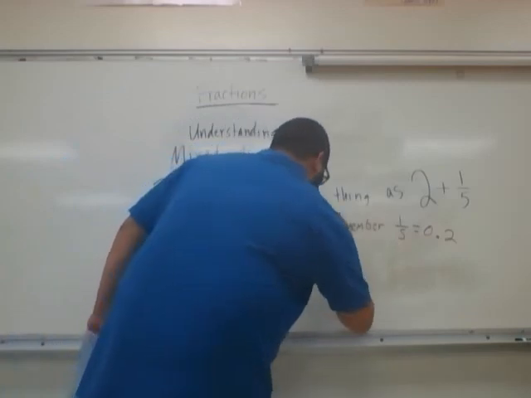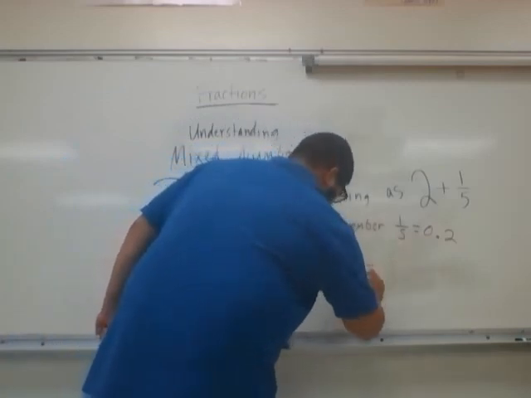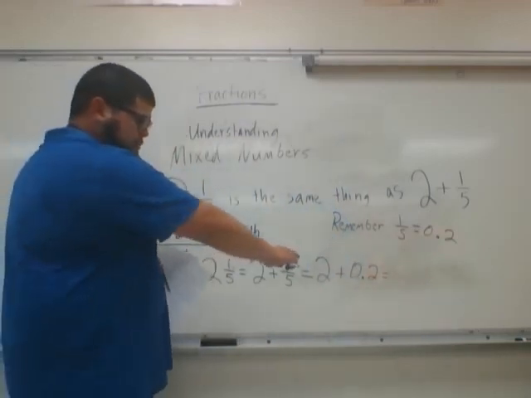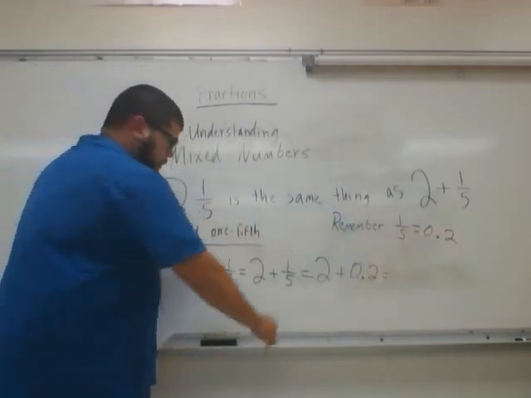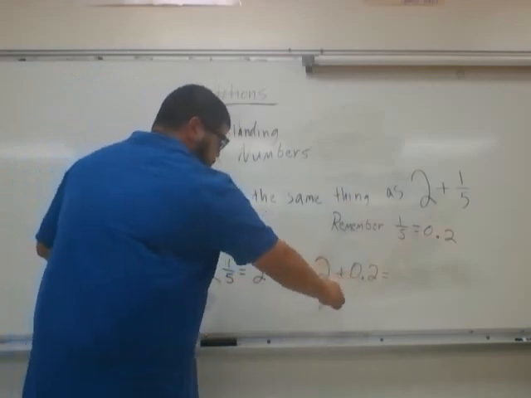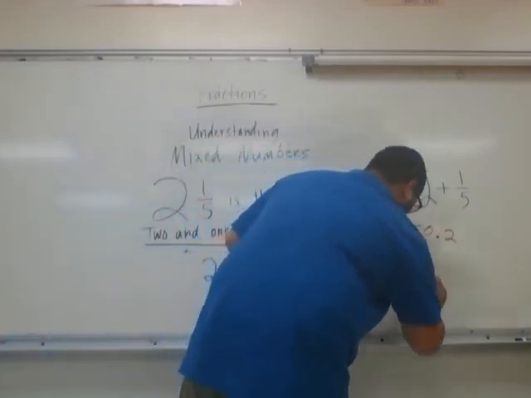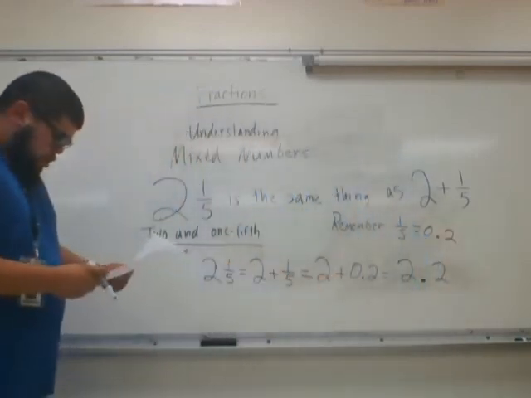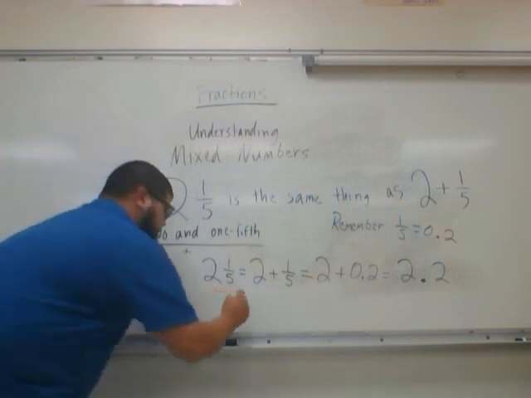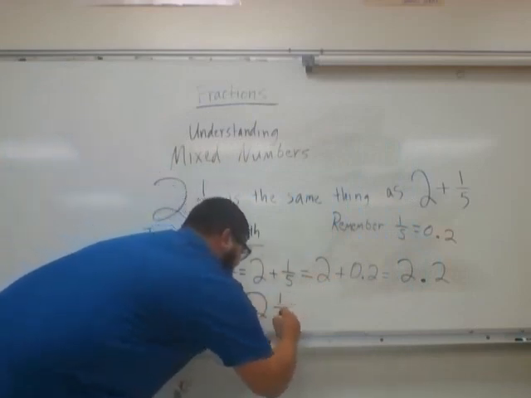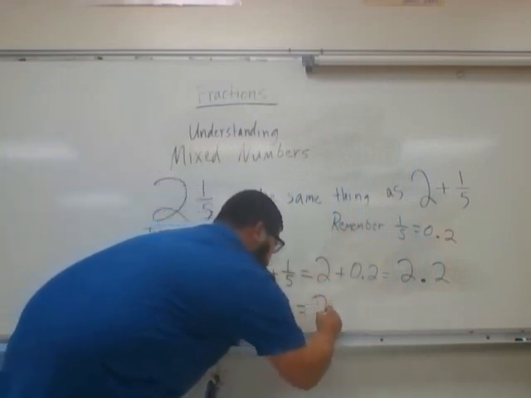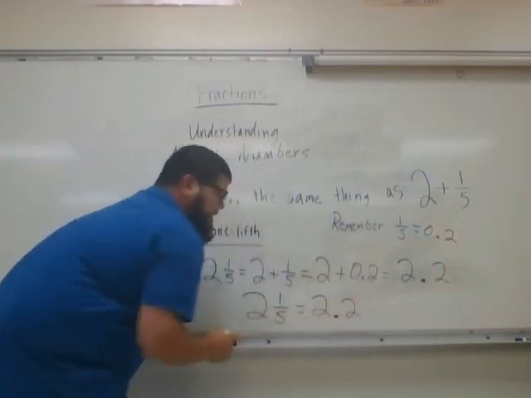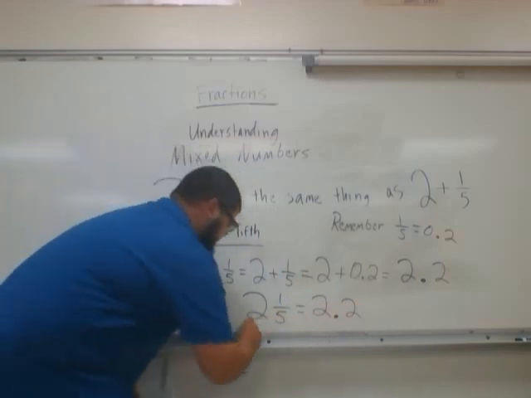So this is actually 2 plus 0.2, right? And if you've ever had decimals like we had before, we know this is 2.0, this is 0.2, so we'll end up getting 2.2. Okay, 2.2. So again, that tells us that 2 1/5 is the same thing as 2.2, or 2 2/10. Okay, these are the same things.